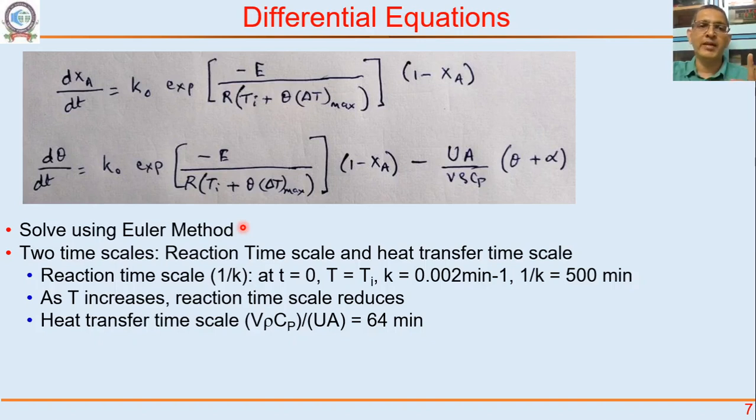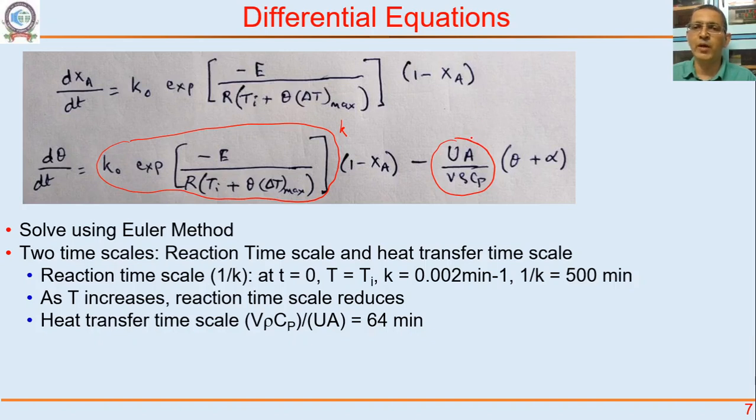There are two time scales now. Remember, one is a reaction time scale, K, and one is the heat removal time scale. Recall, this is our K, K naught e raised to minus E by RT. This is our reaction time scale or reaction rate K, and one is this UA by V rho Cp or MCp.